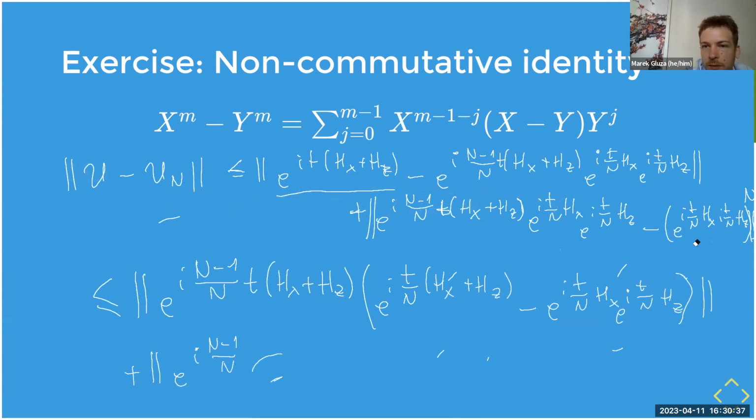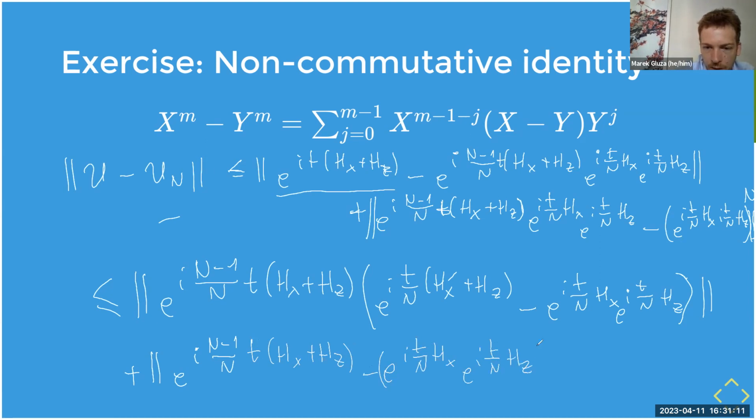Let me clean up the scribbles. t hx plus hz like this minus e to i t over n hx, e to i t over n hz, and the power is now lowered because I just pulled out the factor again.